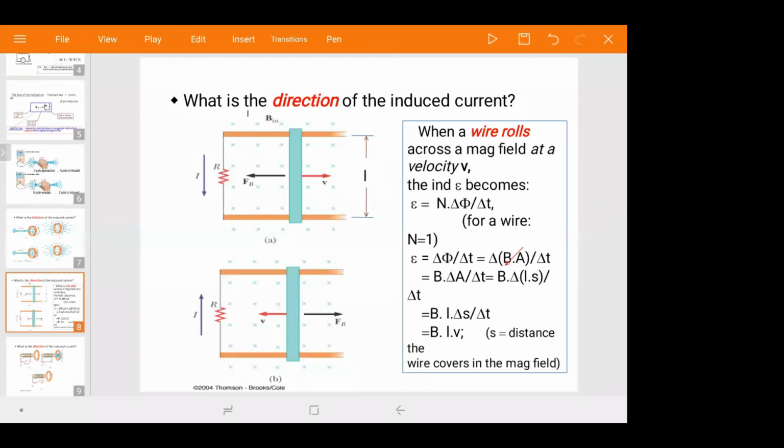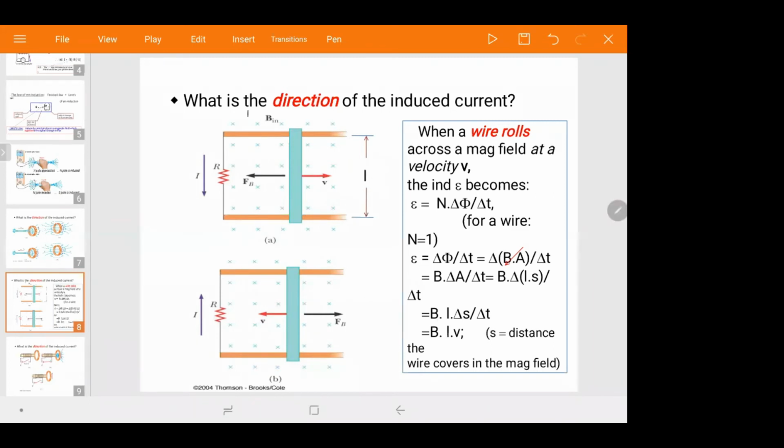When the wire rolls towards the left, it wants to stop the rolling towards the left. That means the induced magnetic field, so to say, acts in the opposite direction. And all this ties up with the law of conservation of energy. Take time and think over it.